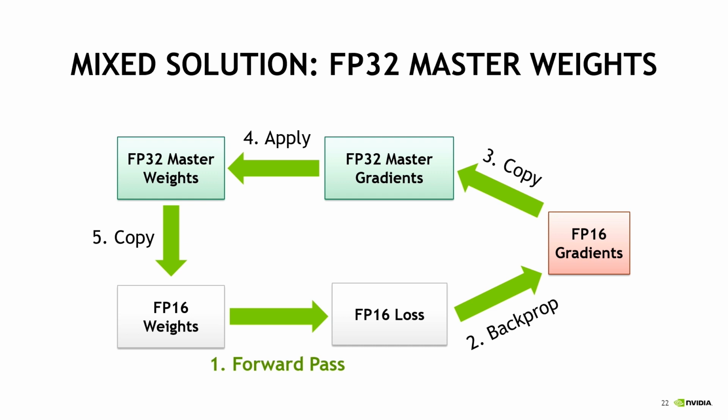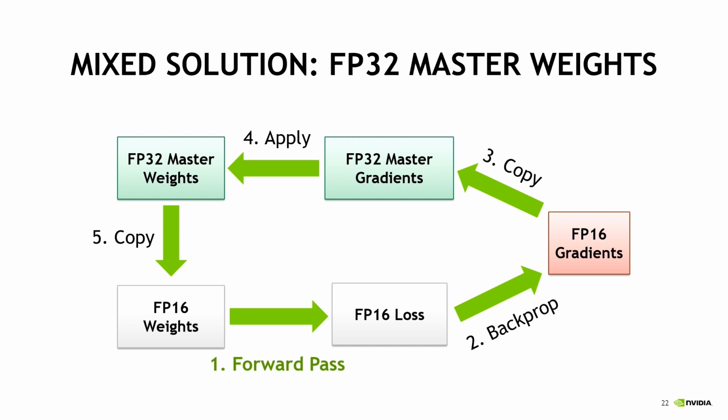So what we're going to do is we have this FP32 master copy of the weights that we're actually going to create before we do anything. They're going to be synced up with the model. So the model is going to have FP16 weights. We're going to have an extra copy in FP32. And every time that we do an update, we're going to first take these FP16 gradients, convert them to FP32, and then update this FP32 master copy of the parameters.